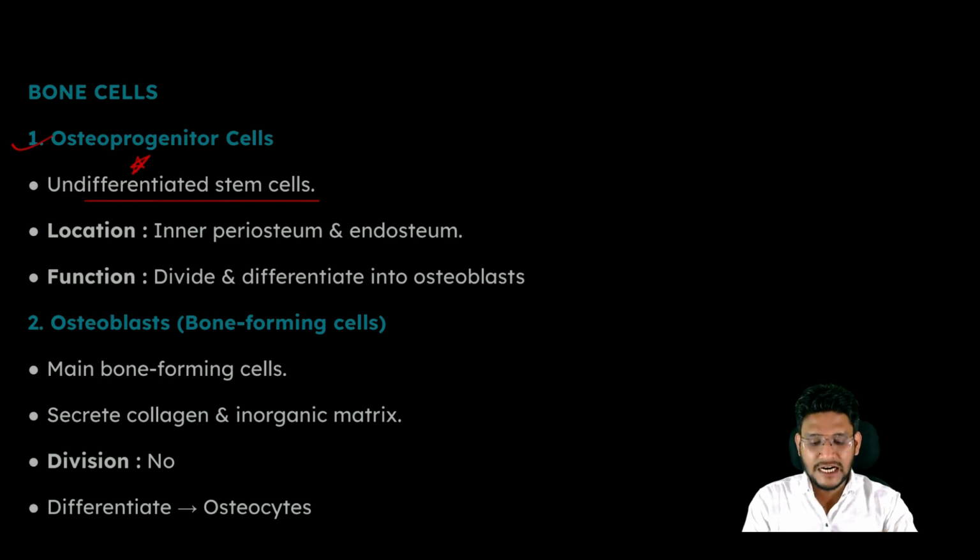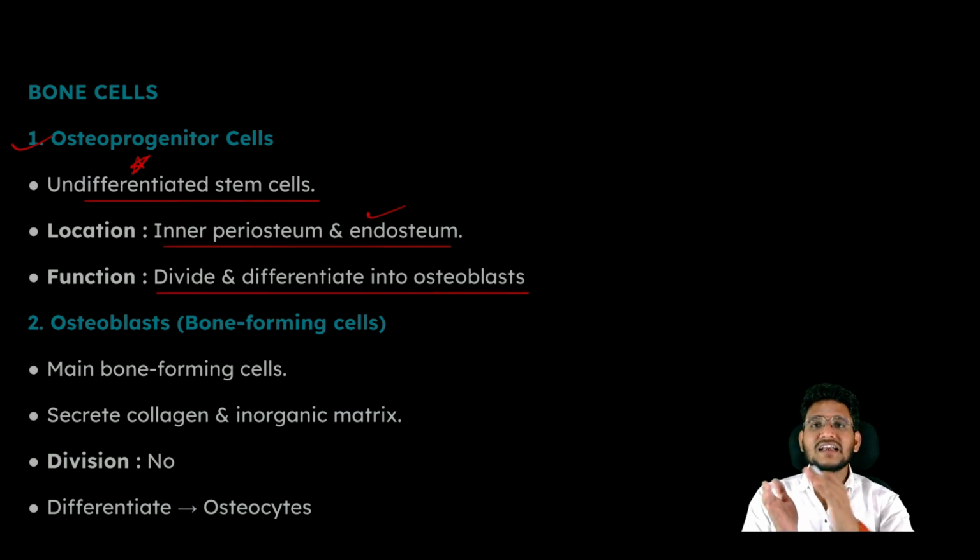They are located in the inner periosteum and endosteum. The inner layer of periosteum is also called the cellular layer or osteogenic layer. Their function is to divide and differentiate into osteoblasts. So they are undifferentiated, that's why they can easily divide and they will differentiate into osteoblasts.